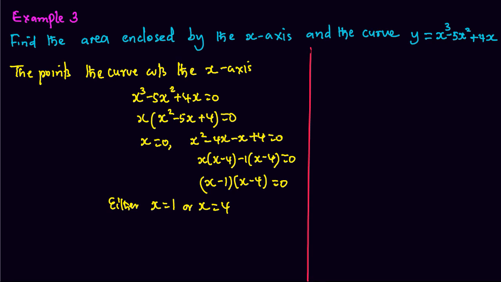So when we sketch this curve, the curve cuts at x is equal to 0, x is equal to 1, and x is equal to 4.